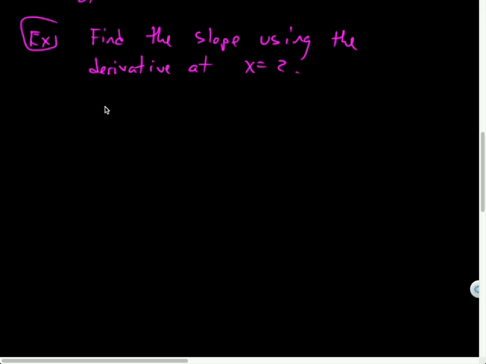Let's say this is our original function. What if I've got f of x is equal to x squared minus 4x plus 2? So there's f of x.